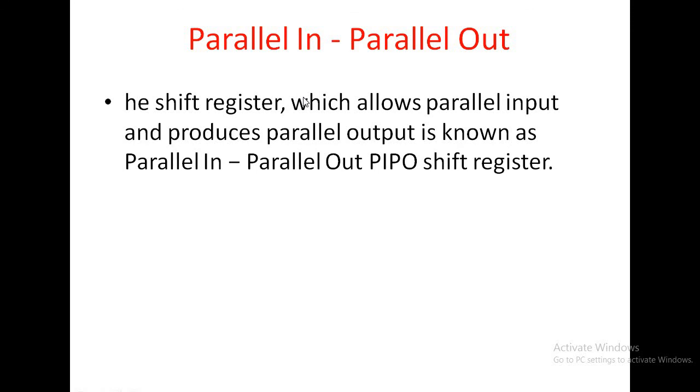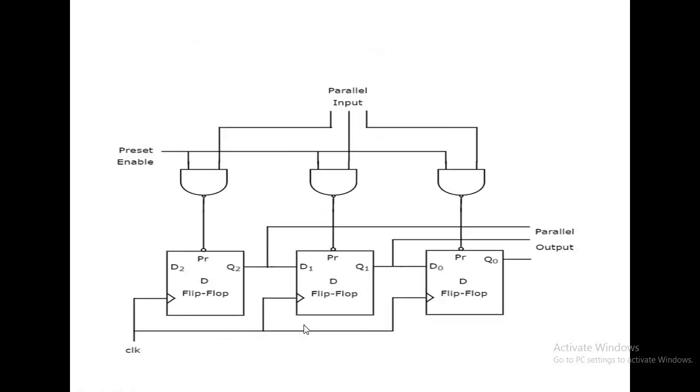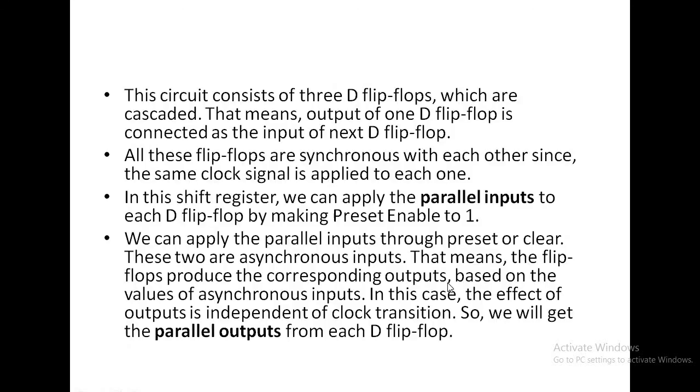Parallel in, parallel out. That means the input is in parallel mode and the output is also in parallel. This circuit consists of 3 D flip-flops which are cascaded, but I have already told you these things.